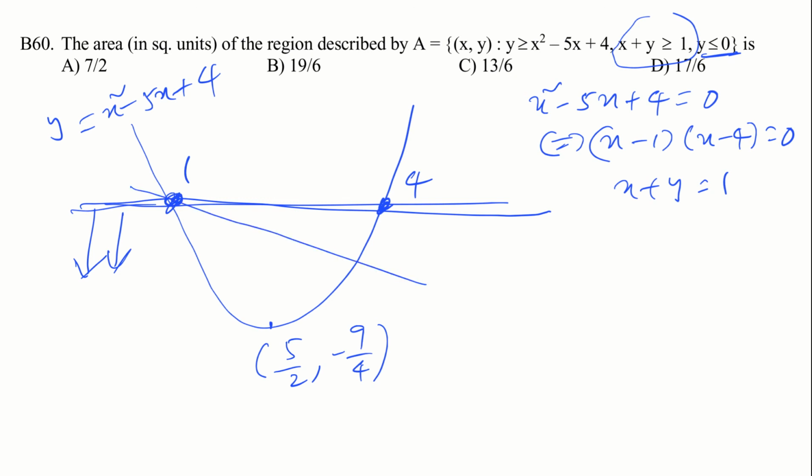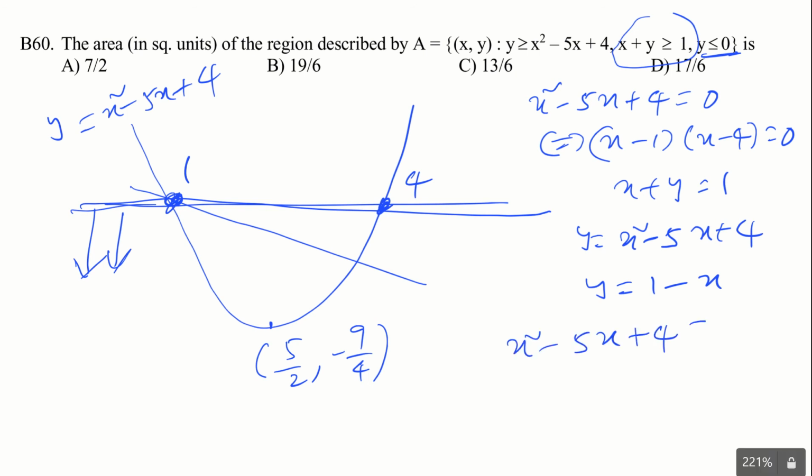Let us solve the line and this parabola. This parabola is y is equal to x square minus 5x plus 4, and the line is y equal to 1 minus x. So solving them, I have x square minus 5x plus 4 equal to 1 minus x, and from this I am getting x square minus 4x plus 3 equal to 0.